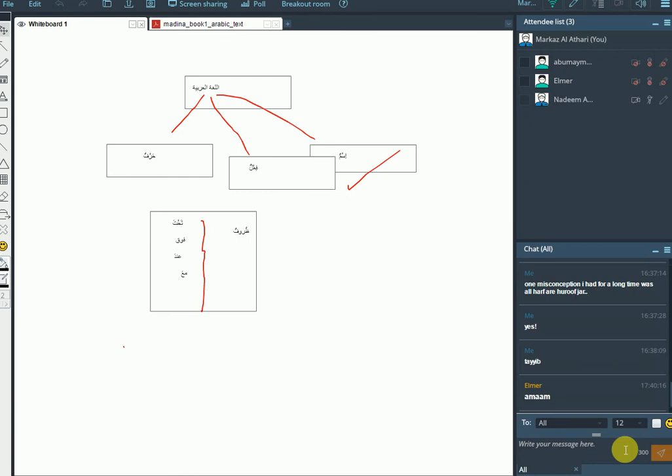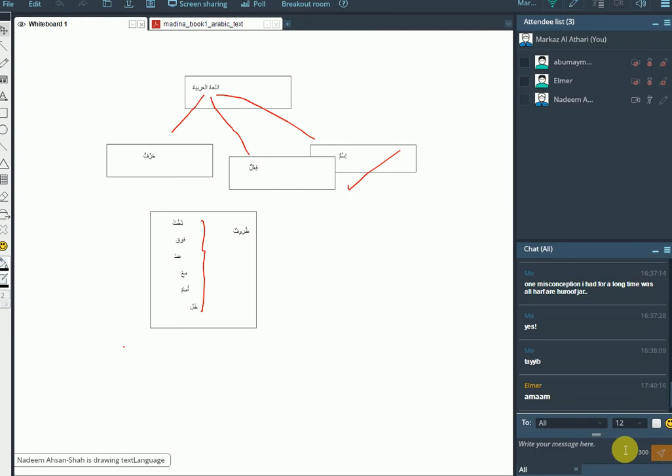Amama. Alif, which has a fatha on top of it, and then meem, alif, and then meem with a fatha. Amama, which means in front of.